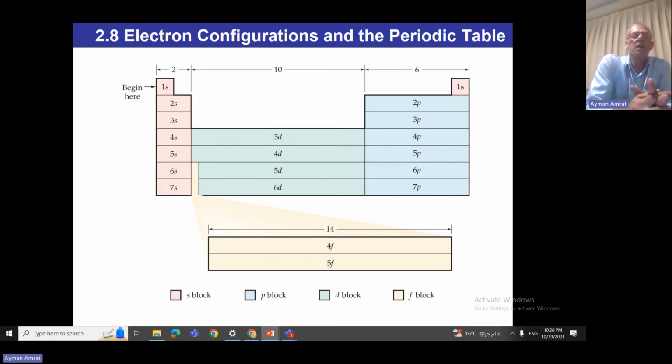So you can classify the main groups, transition metals and inner transition metals by which subshells are used in filling electrons in the electronic configuration. The main group always uses s and p, the only orbitals used in the electronic configuration of main groups, while transition metals use d subshells. The inner transition metals use the f subshell in the electronic configuration.